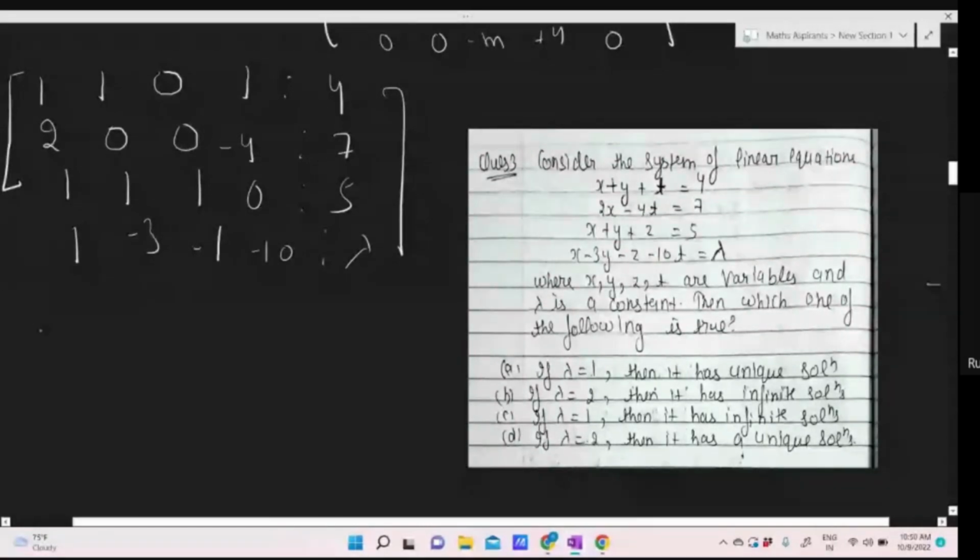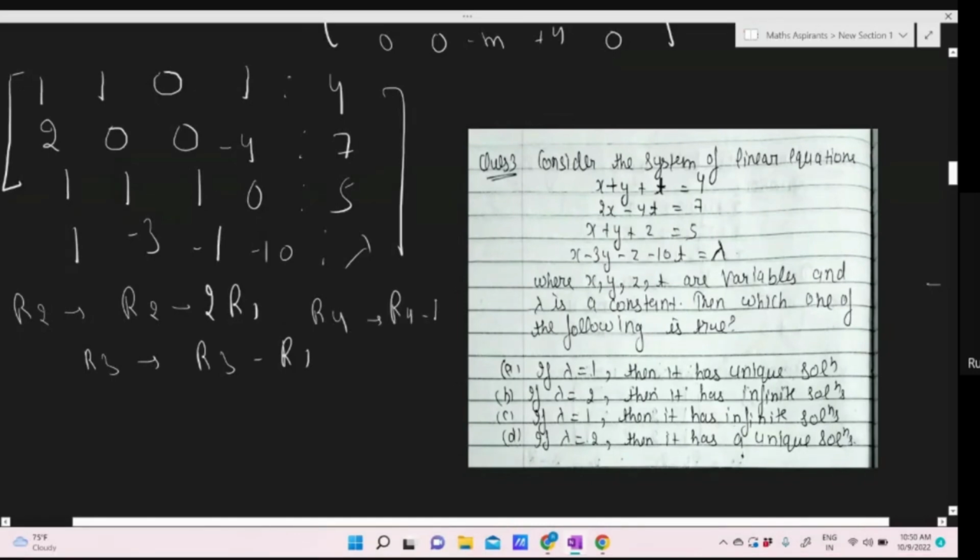Now we will reduce it to the row echelon form. Firstly, R2 changes to R2 minus 2 times R1. R3 we will change to R3 minus R1, and R4 to R4 minus R1. After applying this operation, we will get the following matrix.